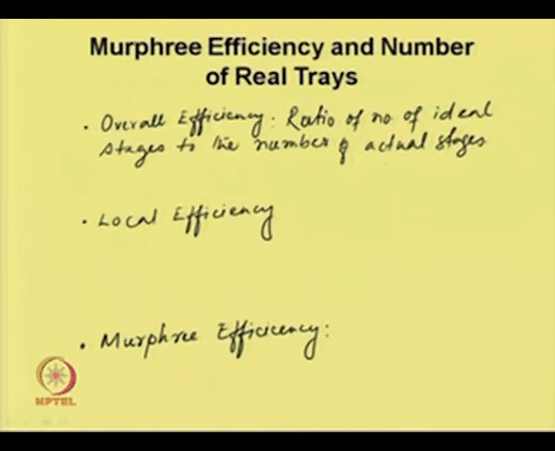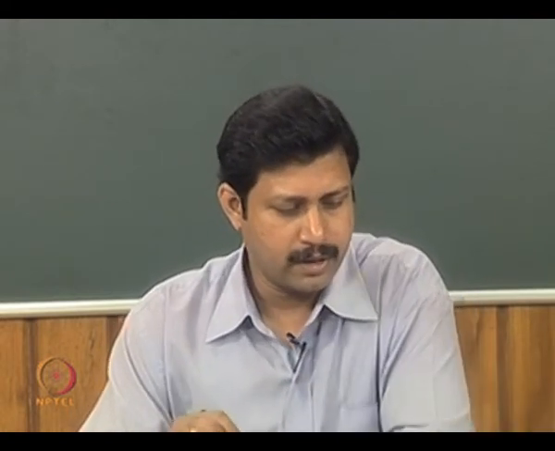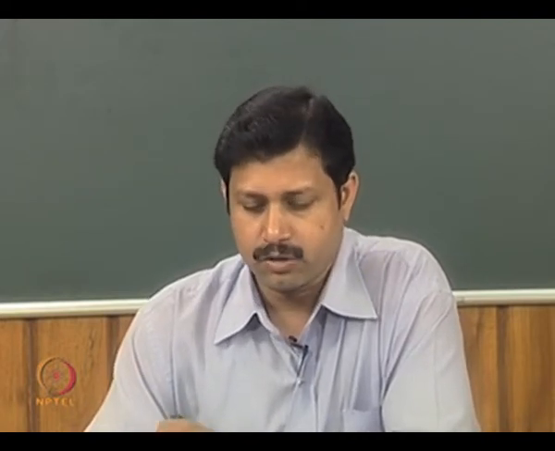This is a single efficiency which is generally not valid because the efficiency of a stage varies from tray to tray and depends on different factors like the geometry and design of the tray, flow rates, and compositions of all streams. This varies from tray to tray. This is the simplistic approach of using the overall efficiency.